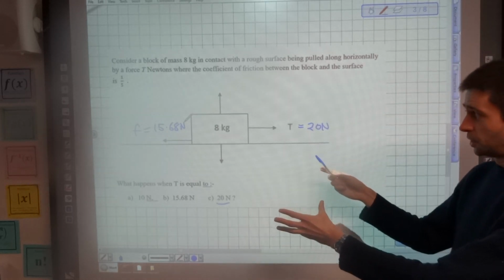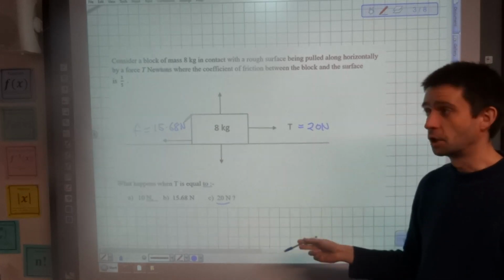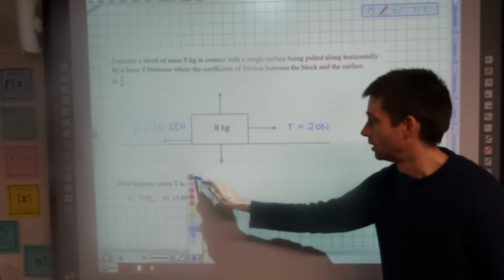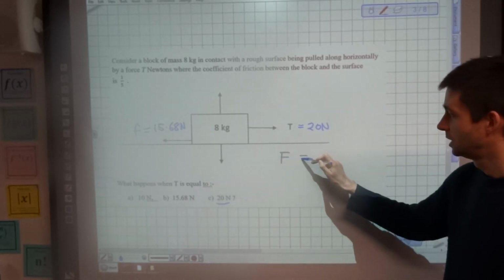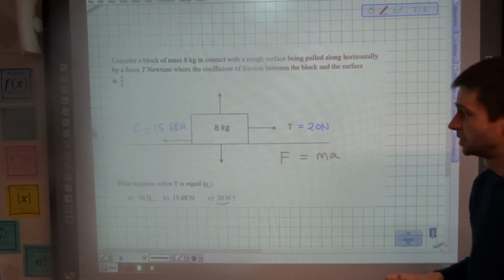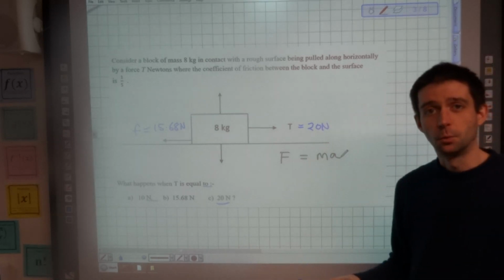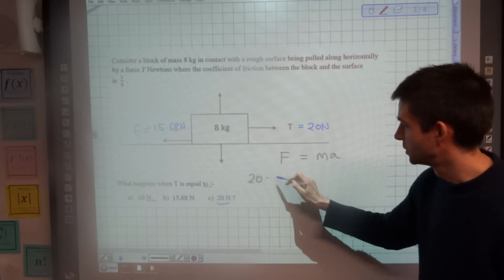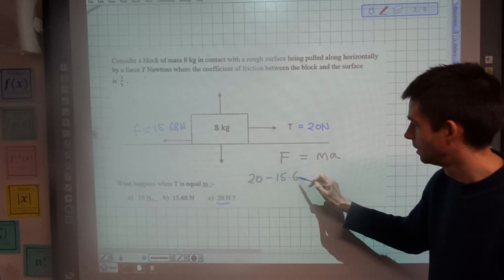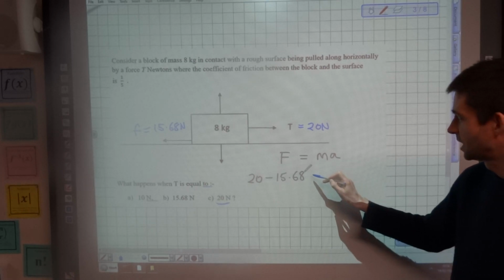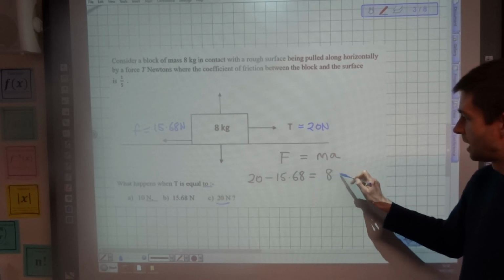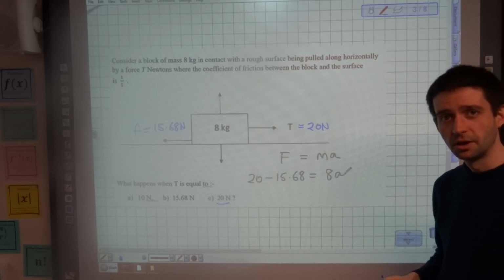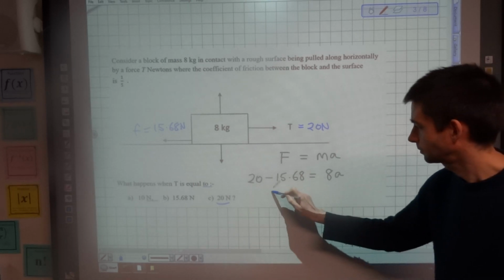And what we could now do is use a resultant force equation. We could say that the resultant force is equal to mass times acceleration, and we could use that to work out the acceleration of the particle. So the resultant force is going to be equal to 20 minus 15.68, and that's equal to the mass, which is 8, multiplied by the acceleration.